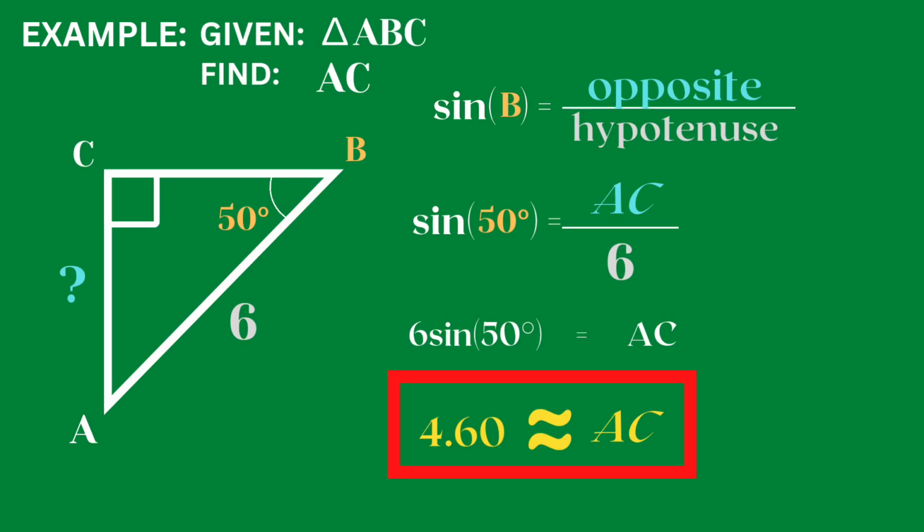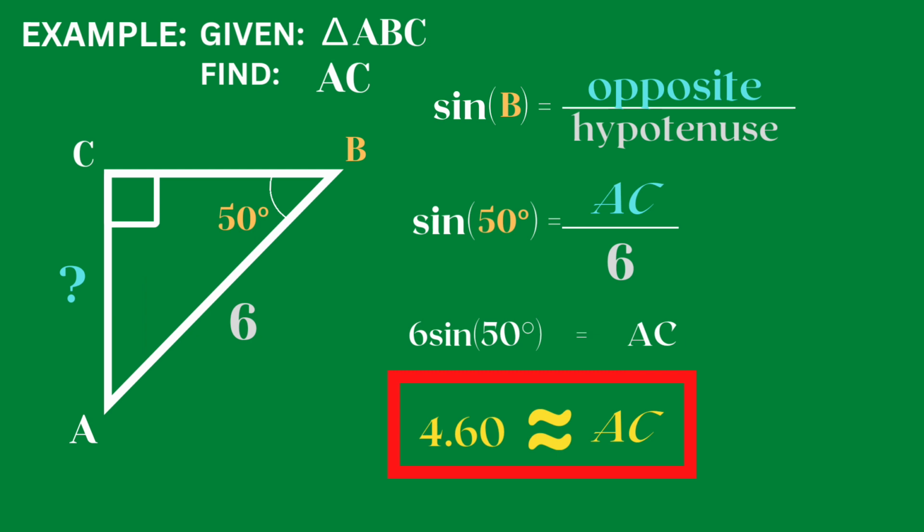The first step in solving the given right triangle is to determine which trigonometric ratio, or trigonometric function, to use. So let's focus on angle B, since that is the angle that is explicitly given in the diagram. So the angle B is 50 degrees.